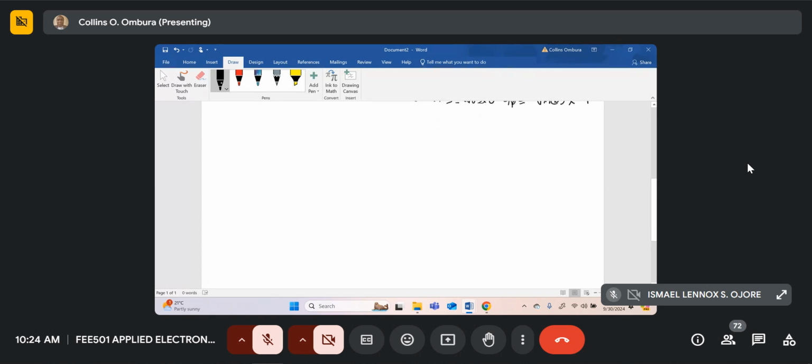So let's consider case 2. When S is open, i.e. FET is off.